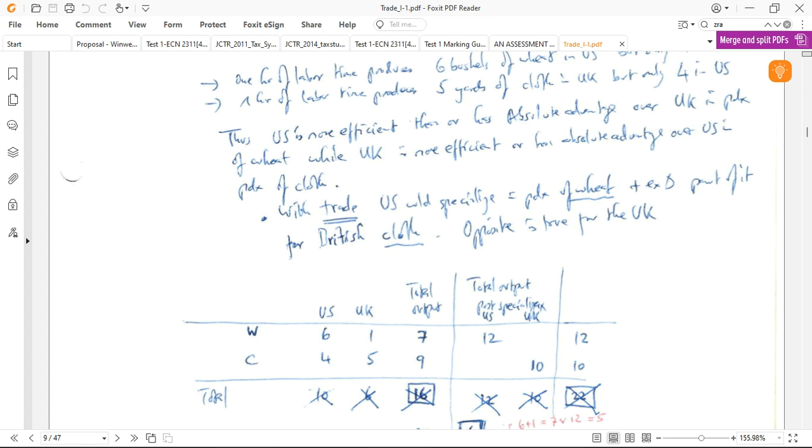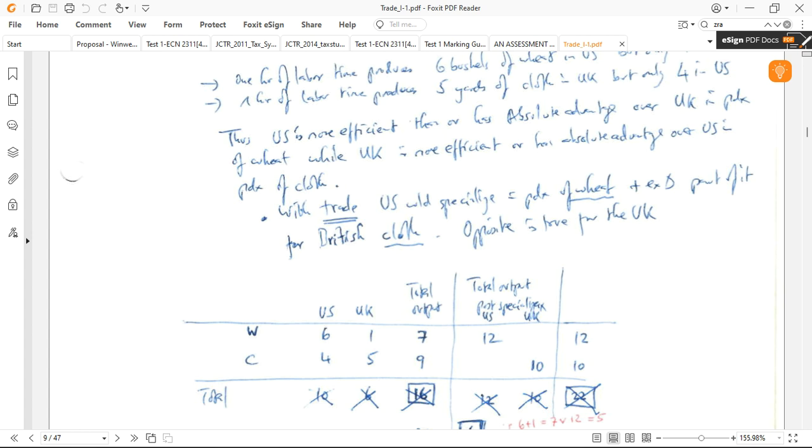Okay, so now these guys have specialized, right? The US has specialized in the production of wheat. The other guy has specialized in the production of cloth.